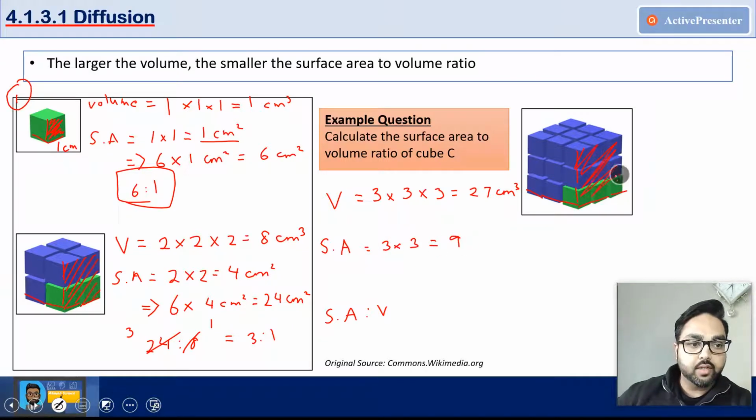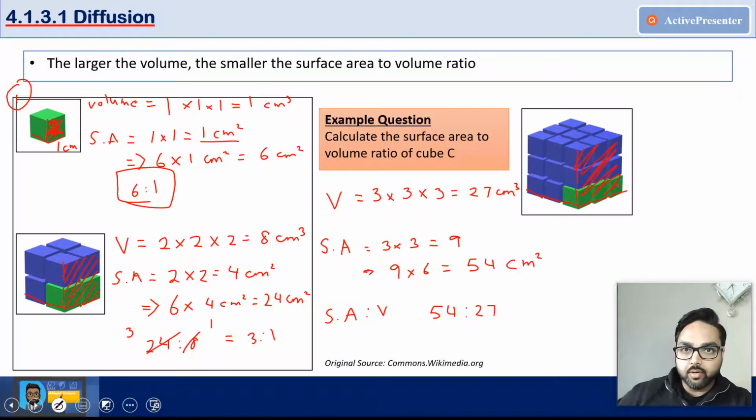And then you've got that one side multiplied by 6. So it's going to be 9 times 6, and 9 times 6 for all you clever people with a calculator is 54 centimeters squared. Now the surface area to volume ratio is 54 to 27.